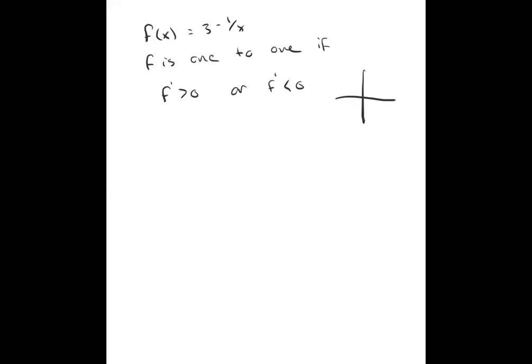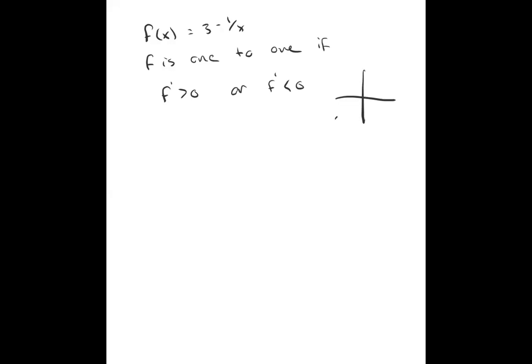So let's go ahead and use the same function. So f of x is 3 minus 1 over x. Okay, so f is 1-to-1 if we have that f prime is greater than 0 on a given domain, or f prime is less than 0. And you can think about this graphically. So just imagine we have a little xy axis here, right?